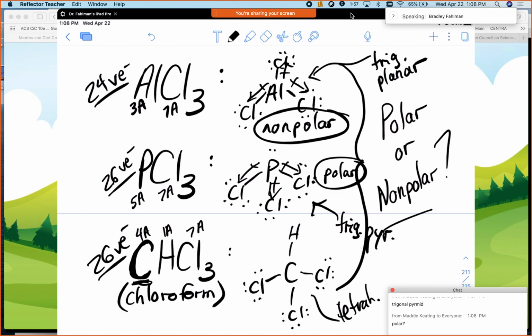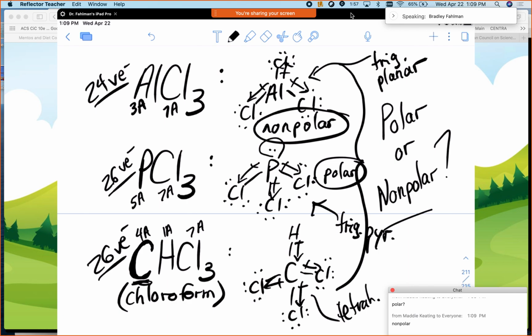In other words, they're pushing the phosphorus down, so you don't have anything from the top that offsets that. So it's a polar molecule. And then the tetrahedral one, those kind of look like this, and then it's also going that way because carbon's more electronegative.